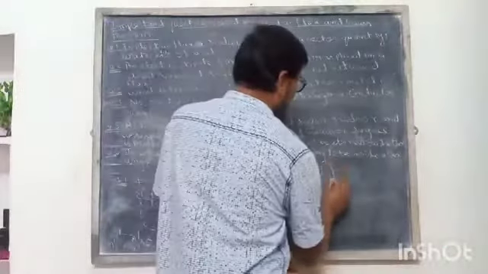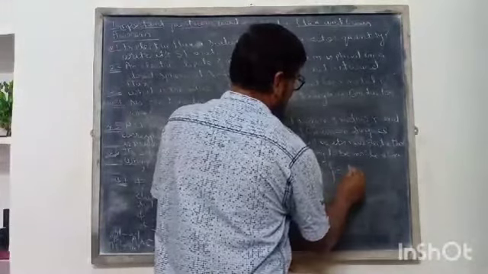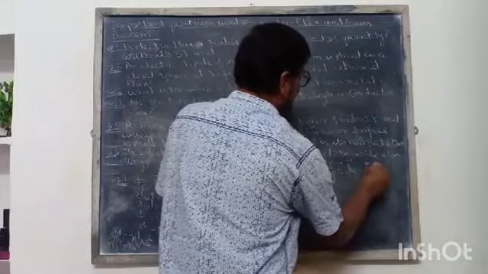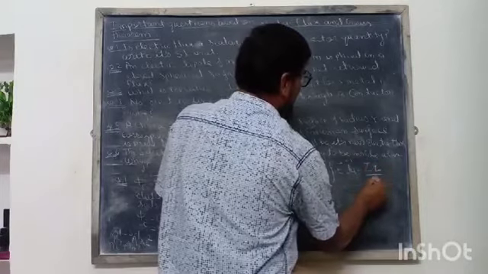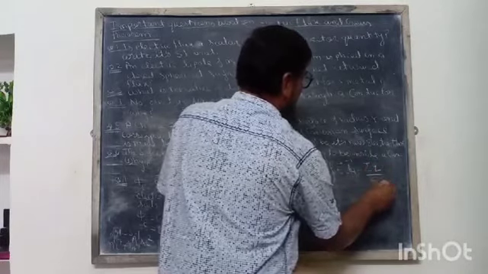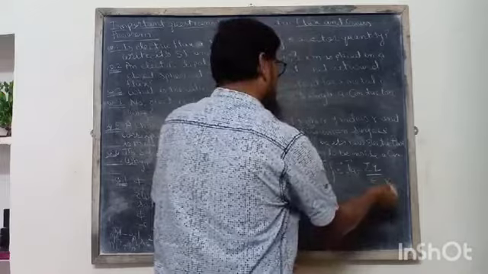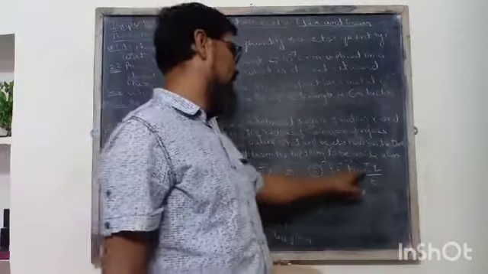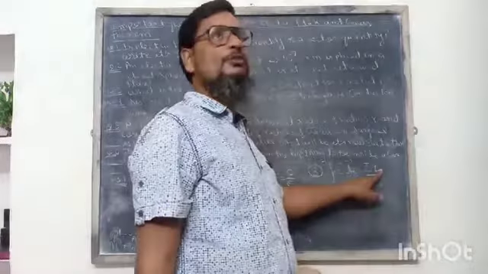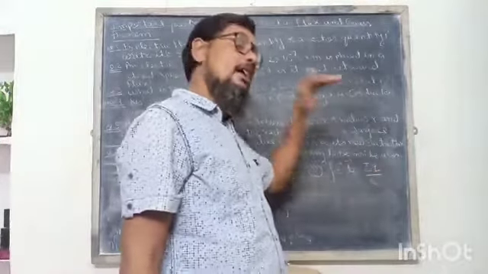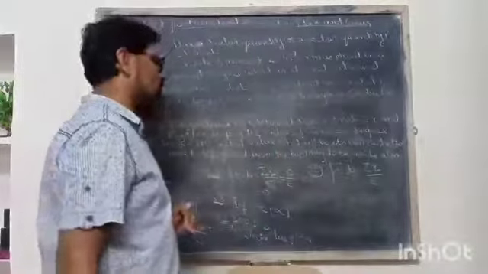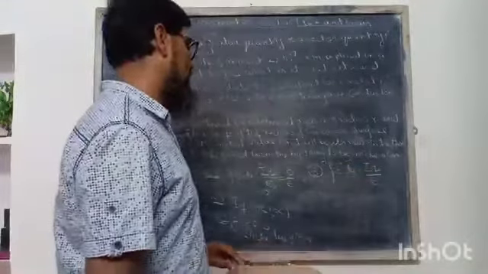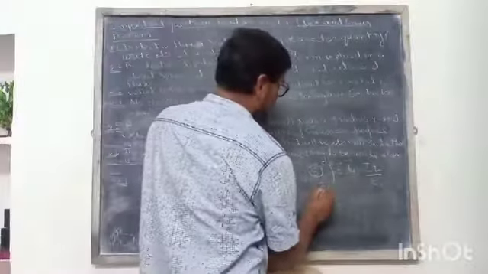We know that the integral of E dot dA is the net outward flux, and it is equal to the algebraic sum of charge enclosed by the surface divided by the permittivity of the medium. If it is air or vacuum, we put epsilon naught. If we increase the size of the Gaussian surface and the enclosed charge remains the same, the net outward flux remains the same.